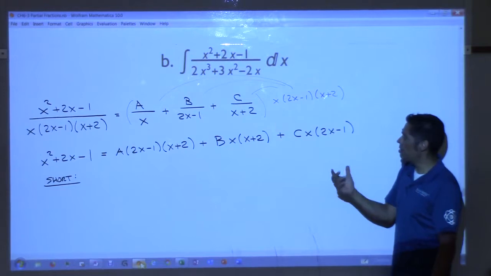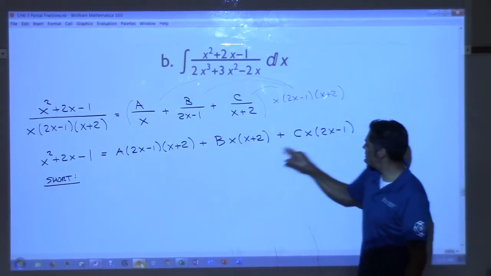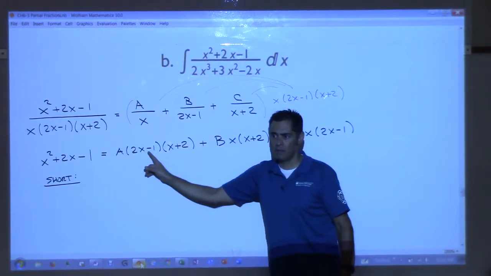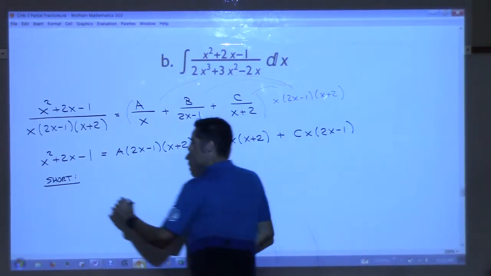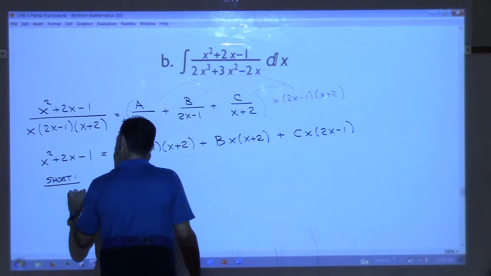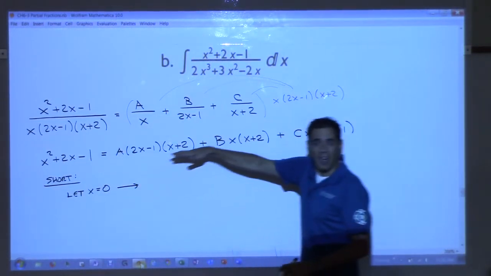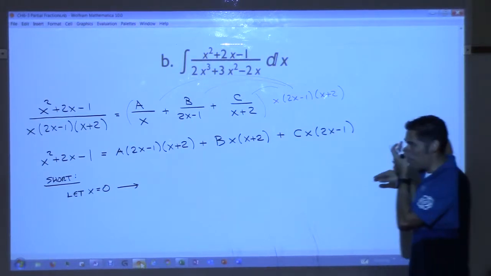Do you agree? If x is 0, it'll kill this, and x being 0 here will not kill this off. So let x be 0. Now, if I do that, I have to rewrite the entire line. I'm going to start at the left side.